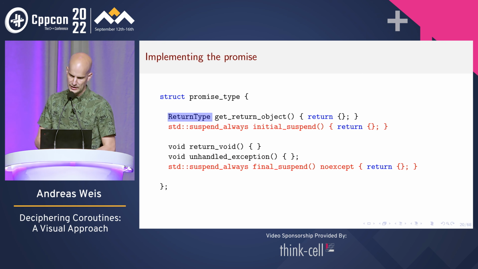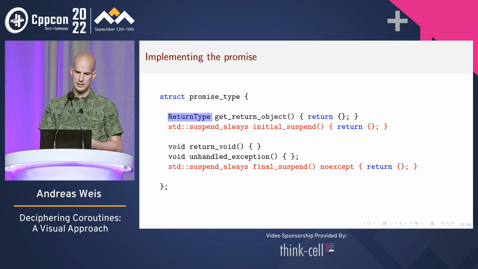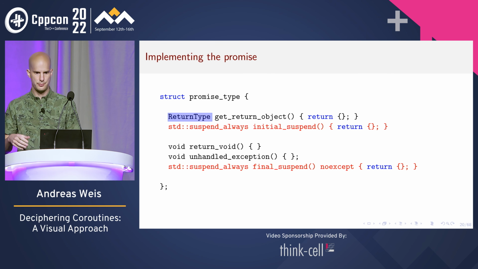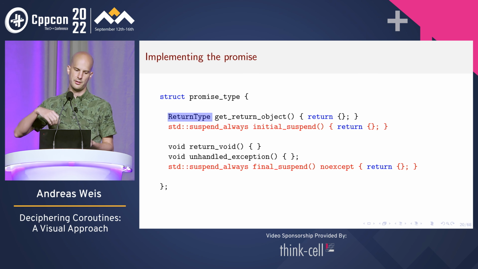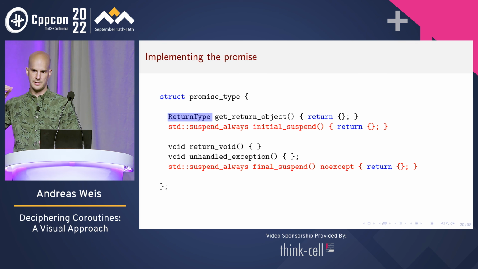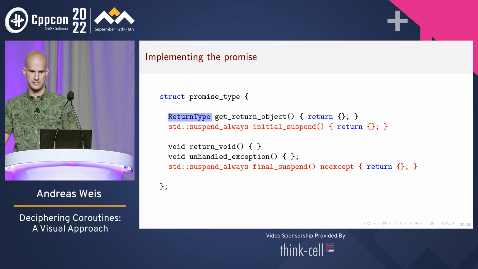And then we're going to need to implement two more functions, initial_suspend and final_suspend. And these are basically the customization points that allow us to execute some code both when the coroutine first starts executing, that's the initial suspend, and shortly before the coroutine ends executing for good, and that's the final suspend.